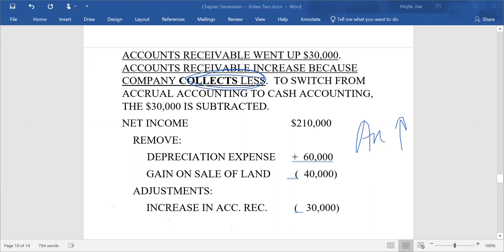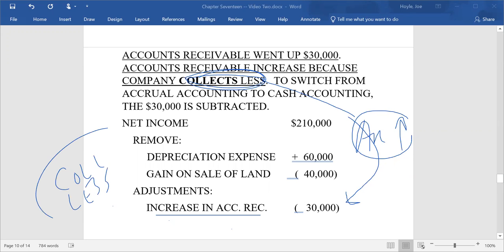To switch from accrual accounting to cash accounting, that increase, that collection less, must be factored in. We increased accounts receivable. What that means is that we collected less cash. And since we collected less cash, we have to subtract out the $30,000.